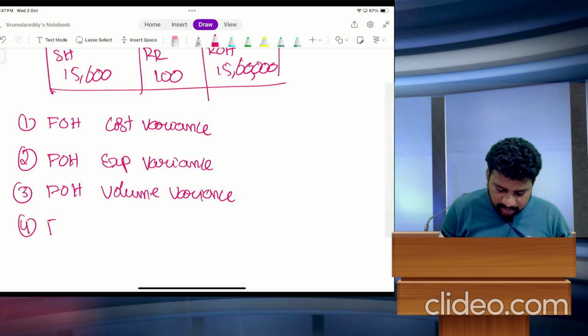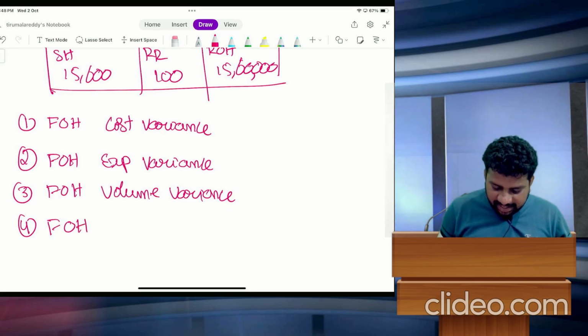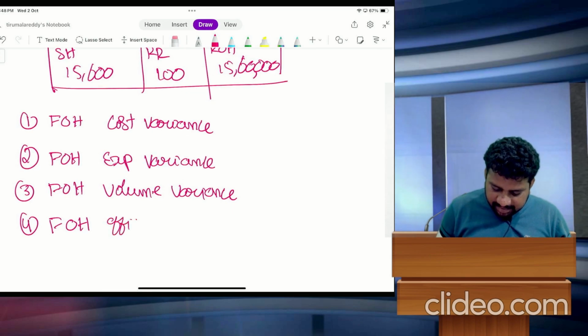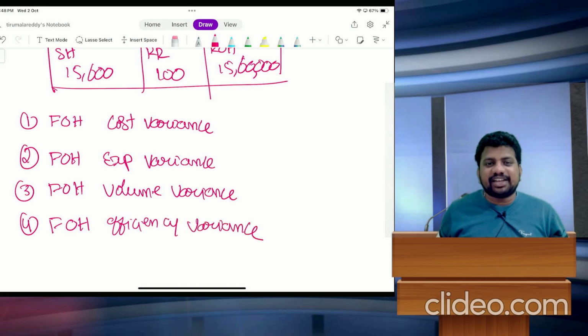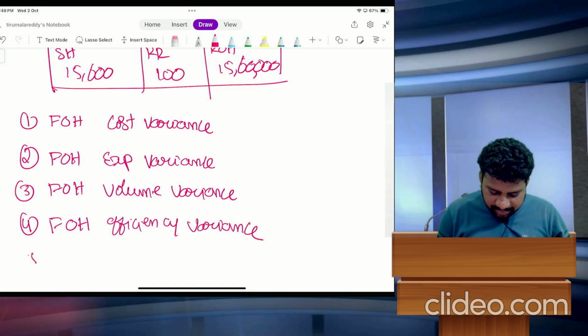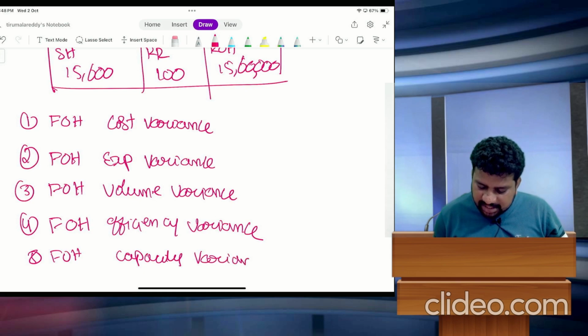Fourth one, fixed overhead efficiency variance. And the last one, fixed overhead capacity variance. So try to memorize this in the same order.